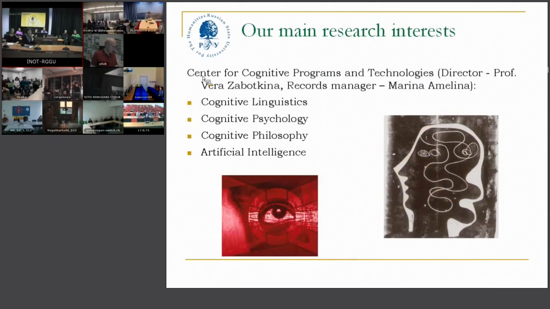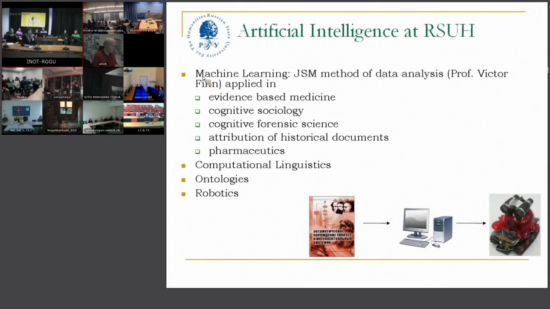Our main research interests: we have a Center for Cognitive Programs and Technologies, and within this center we are working in the fields of cognitive linguistics, cognitive psychology, cognitive philosophy, and artificial intelligence. Artificial intelligence at our university is concentrating on the following areas. First, machine learning.